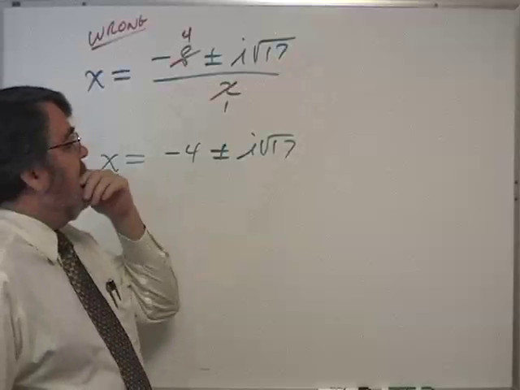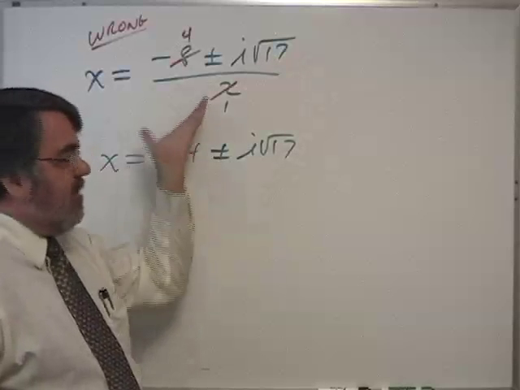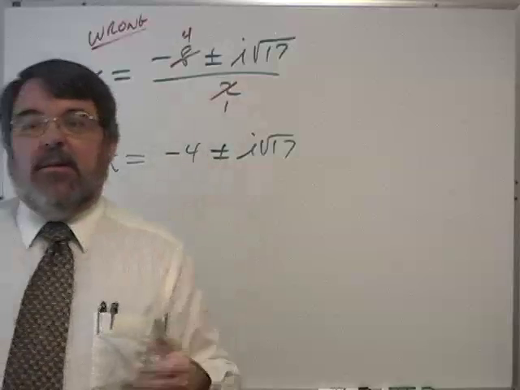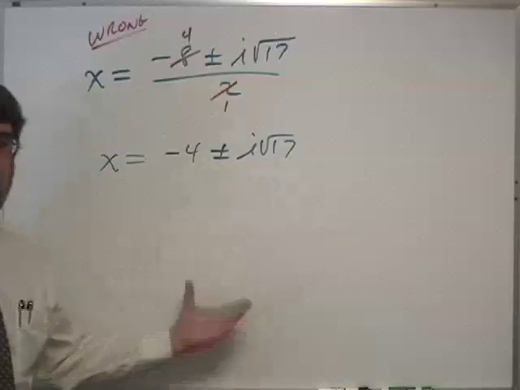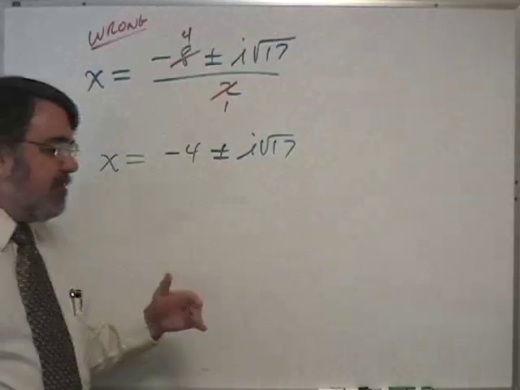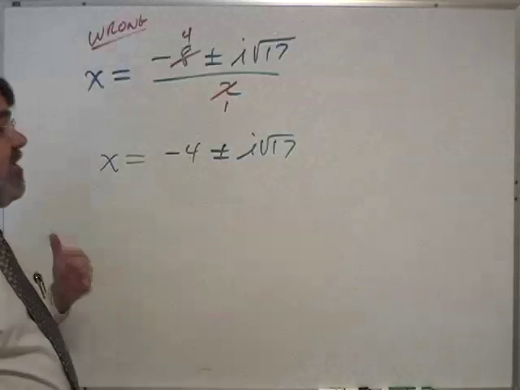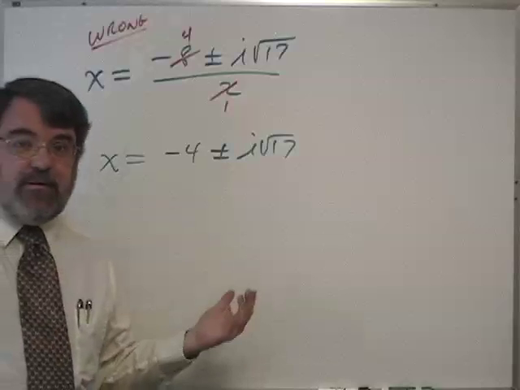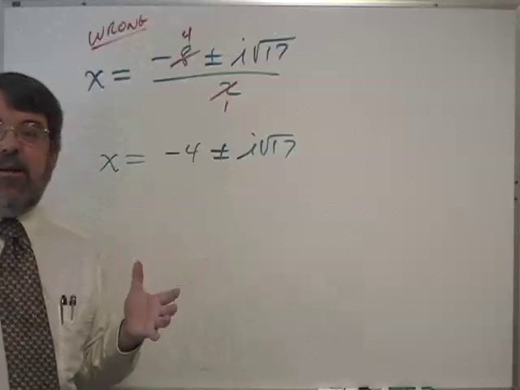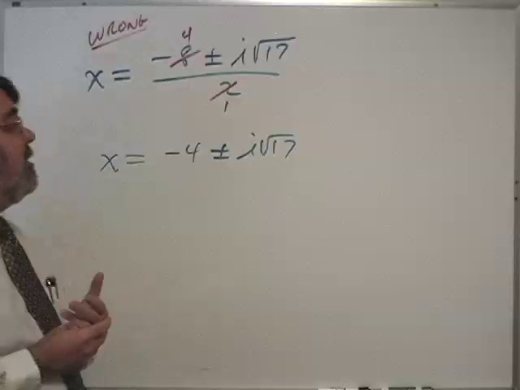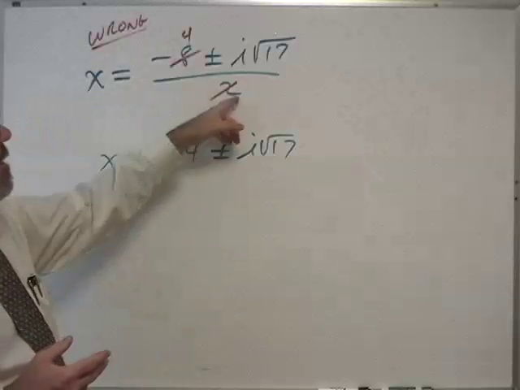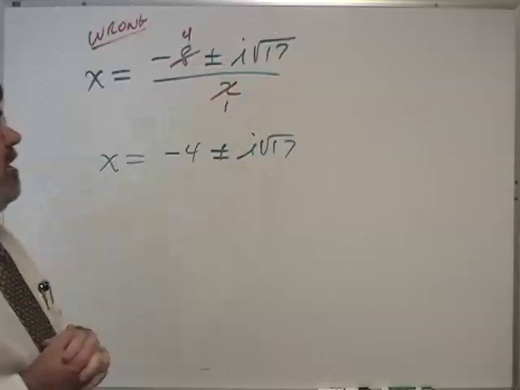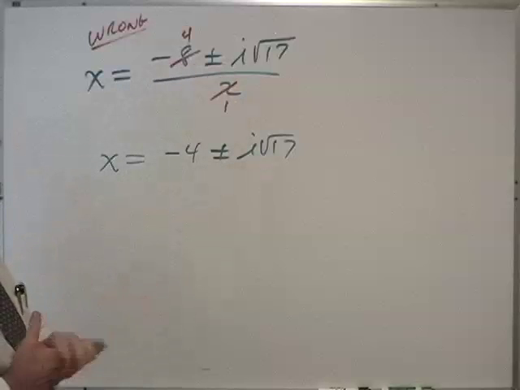We covered this stuff in the fractions chapter, the rational chapter, simplifying algebraic fractions. We simplify by factoring these fractions and then canceling the common factors. So this is not canceling a common factor, it's canceling a common term. And so it's definitely wrong.